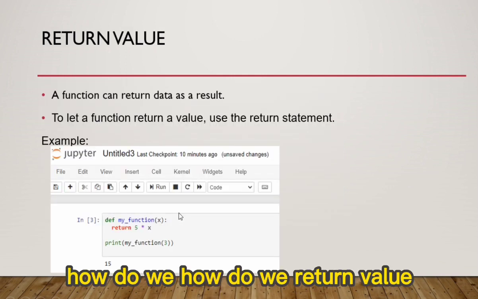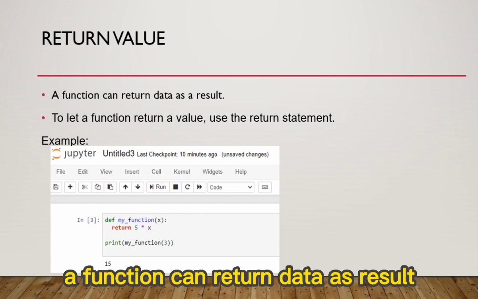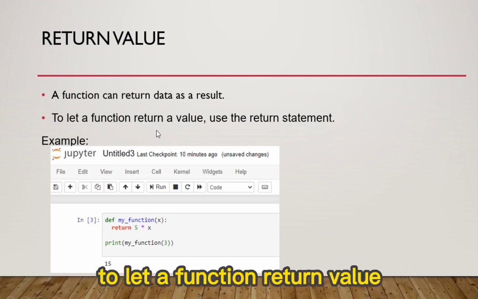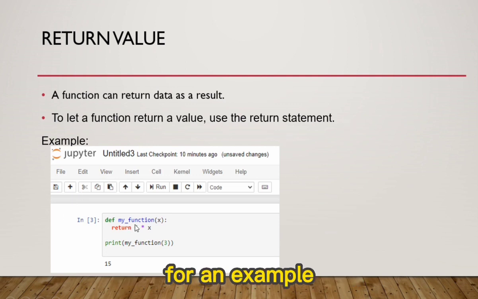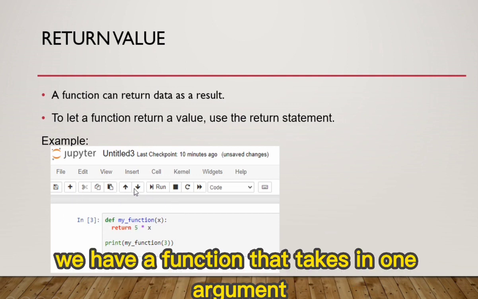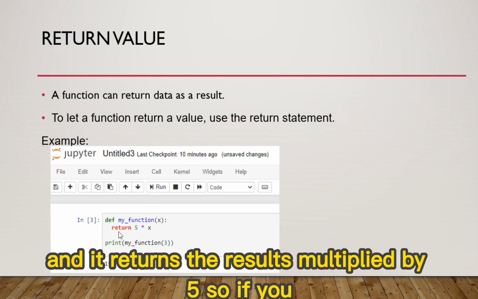How do we return a value? A function can return data as a result. To let a function return a value, use the return statement. For example, we have a function that takes in one argument and returns a result multiplied by 5.